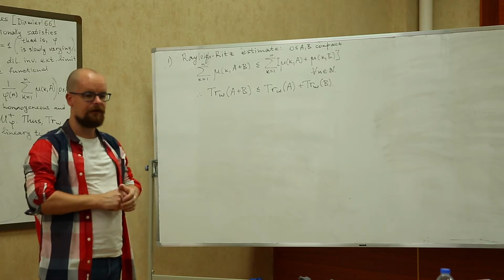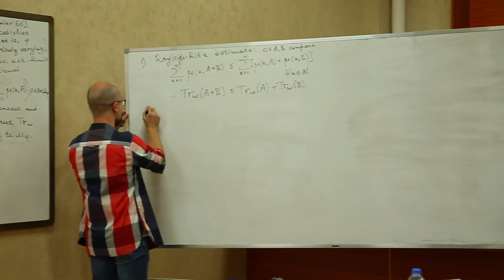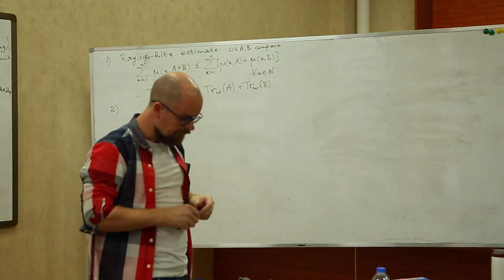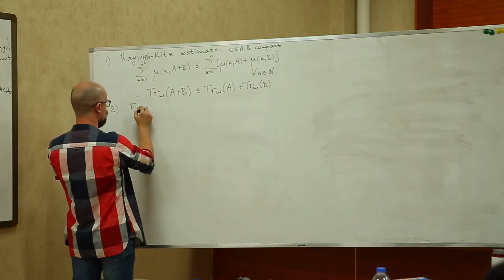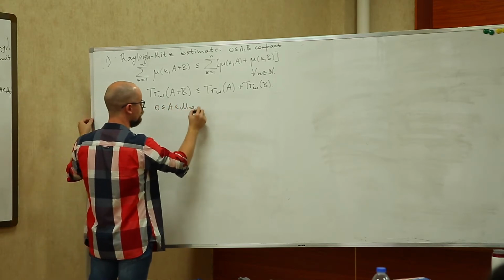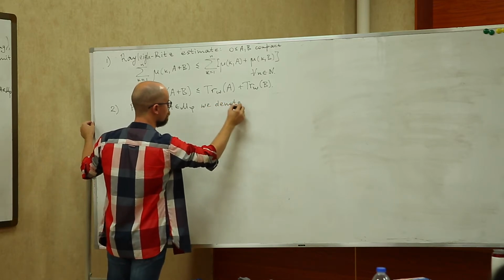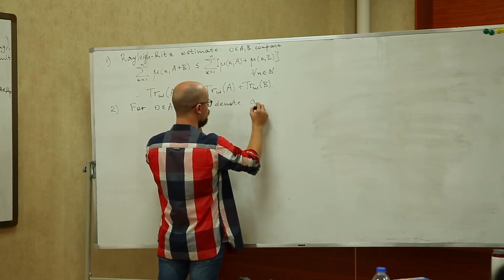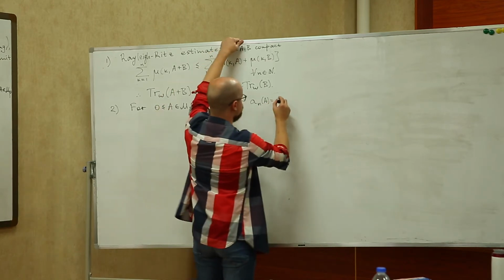The tough part is the opposite inequality. So here for brevity, for a positive operator A, we denote by a_n of A this sequence.